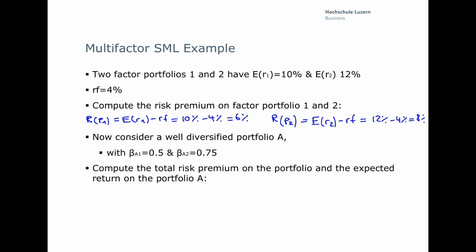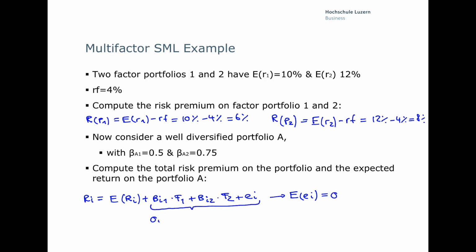The total risk premium on the portfolio and the expected return on the portfolio can be computed as follows, using the general formula, which is simply the risk-free rate plus the total risk premium, whereas the expected error terms are equal to 0.